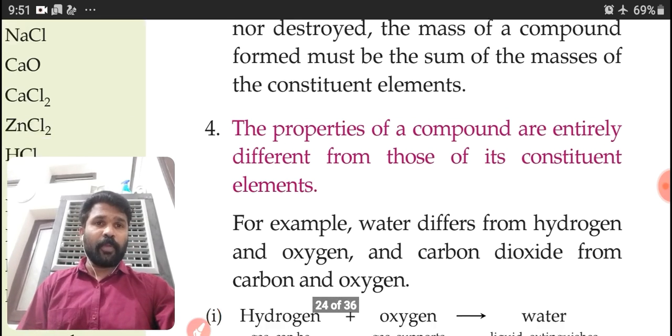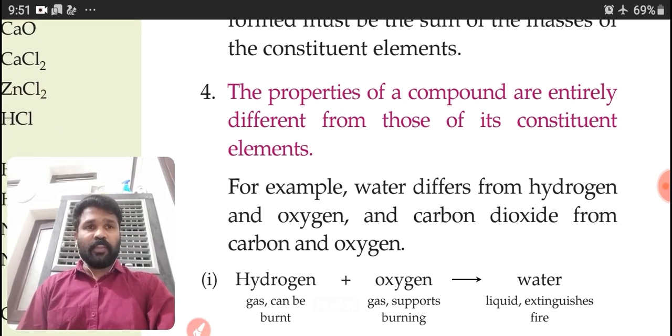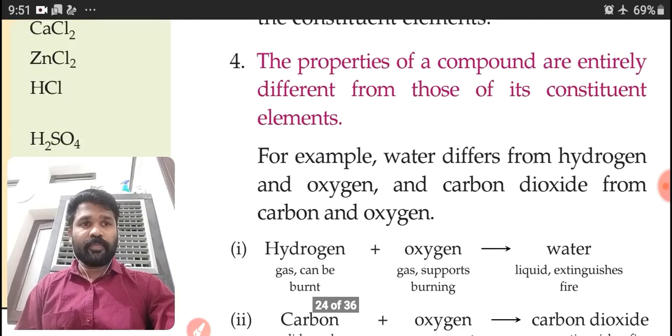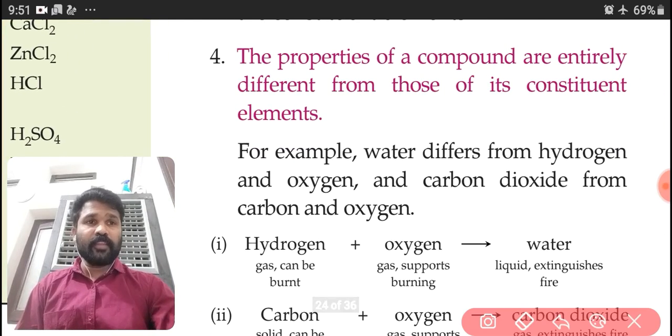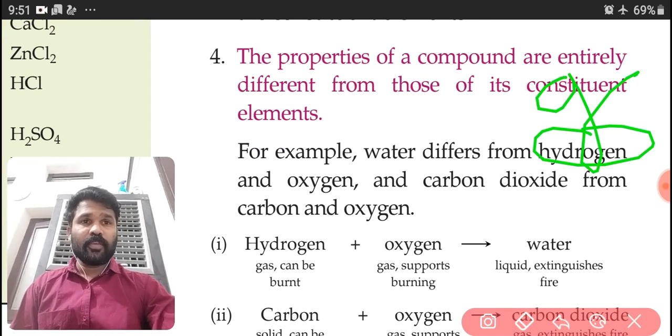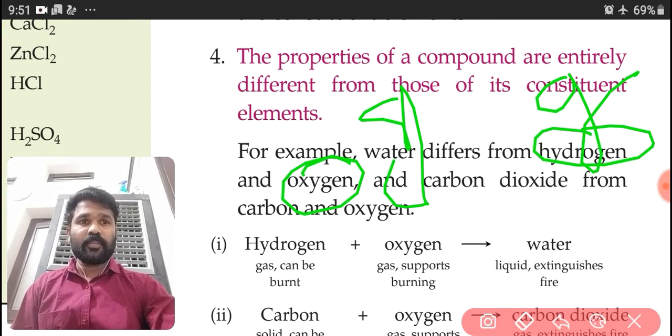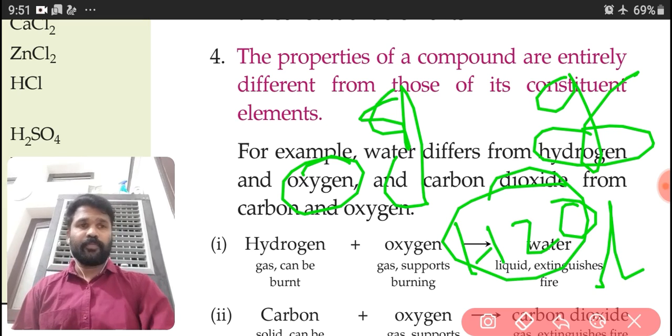Now the fourth property: the properties of a compound are entirely different from those of its constituent elements. For example, water differs from hydrogen and oxygen. Hydrogen is a gas, oxygen is a gas, but water, H2O, is a liquid.